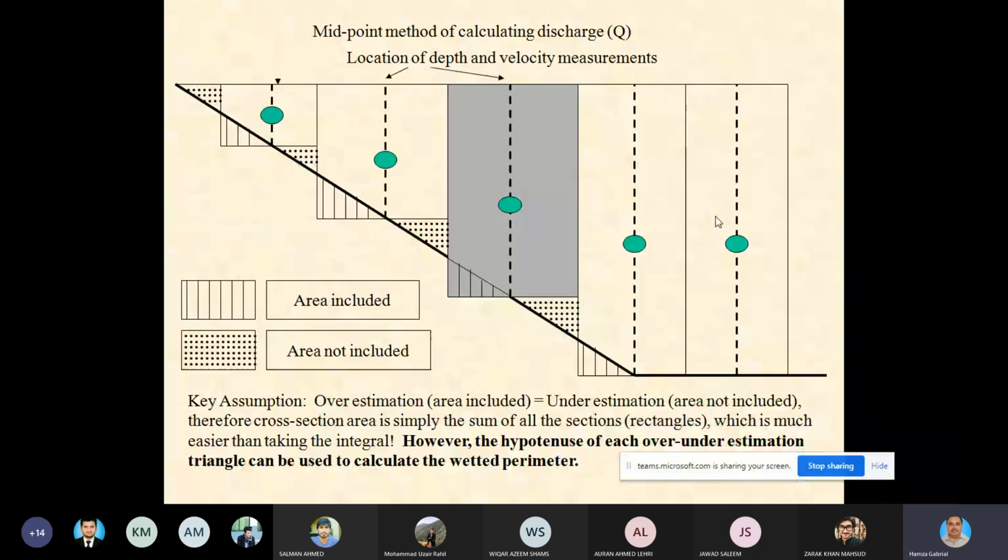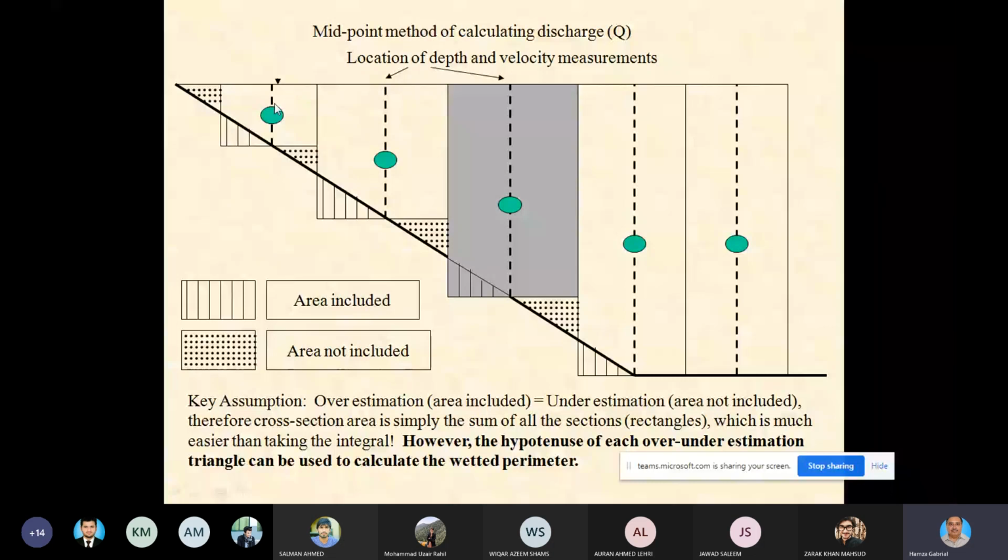So we divide the stream into subsections, especially taking the rectangular sections, और ये आप देखेंगे ये ओवर एस्टिमेट कर रहा है और यहाँ पर ये अंडर एस्टिमेट हो रहा है। So this will overall balance. तो कहीं पर ये अंडर एस्टिमेट है, कहीं पर ओवर एस्टिमेट है। So some area, you see, is included, some area is not included. So overall roughly ये बैलेंस कर देगा। So then at each point in the subsection we will find the velocity, multiply by the respective subsection.